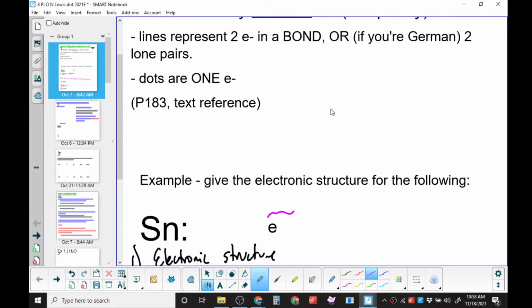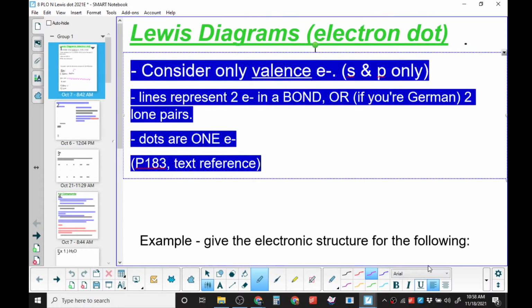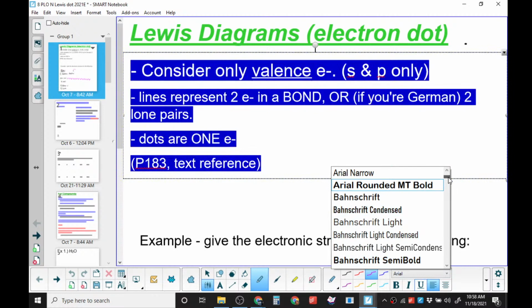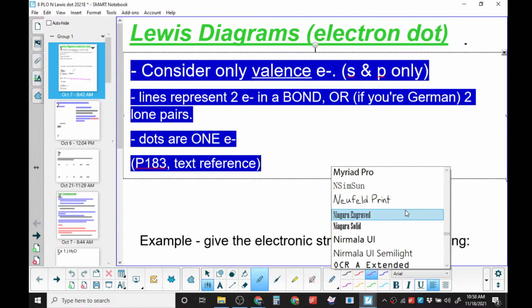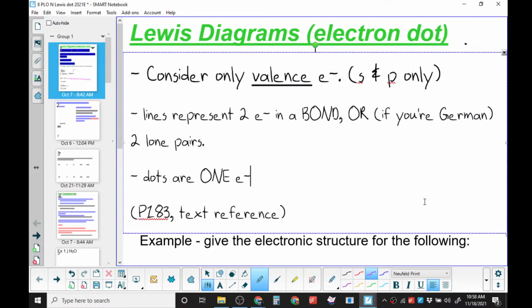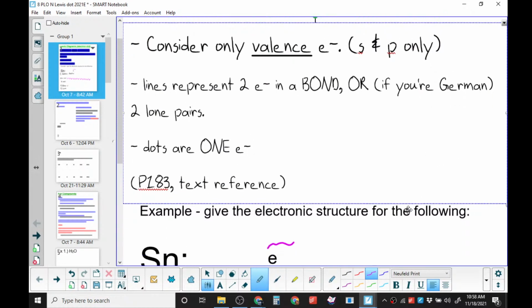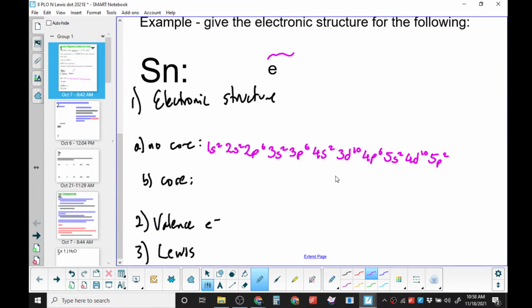Since I wrote this out, I should do that. Do I have it in here? There we go, Neufeld print. I do have a font that corresponds to my printing, not my writing. Okay. Now, that was a lot of work, so thank you for doing that.